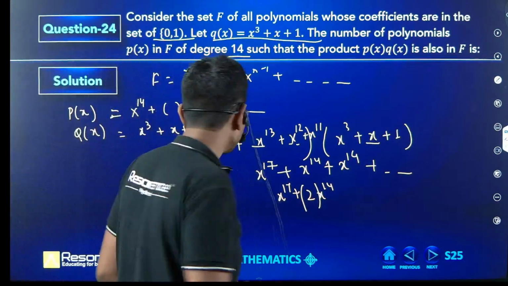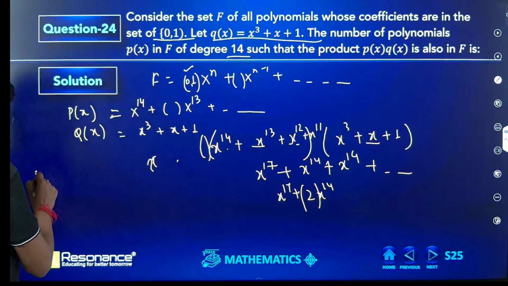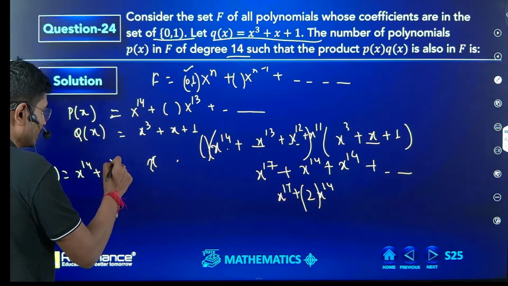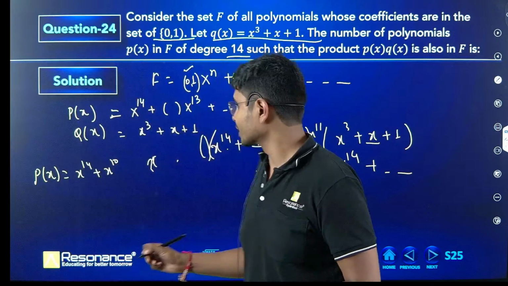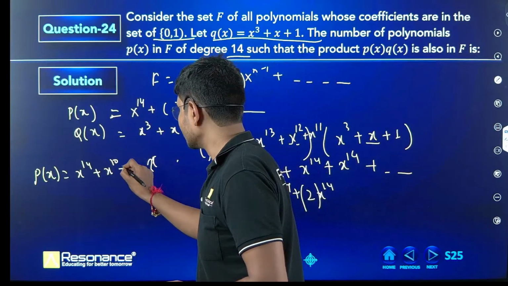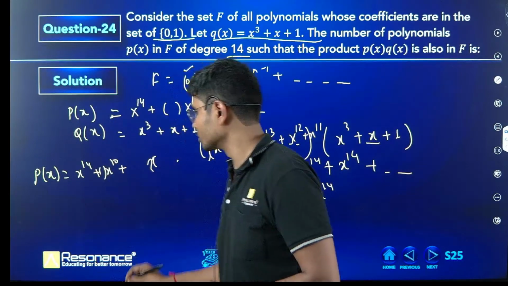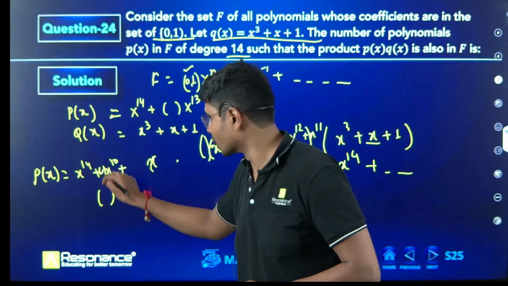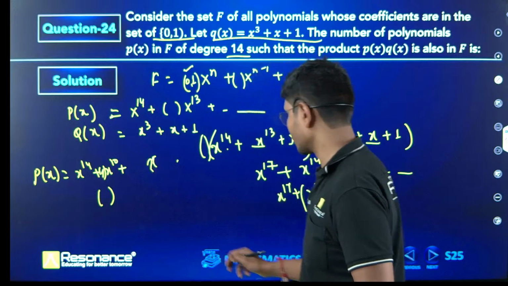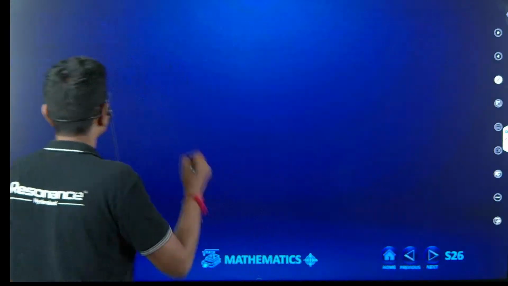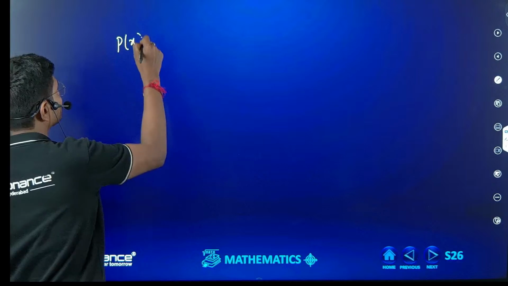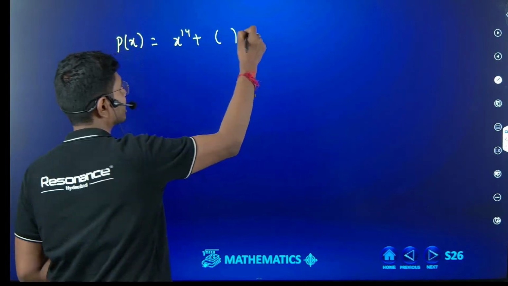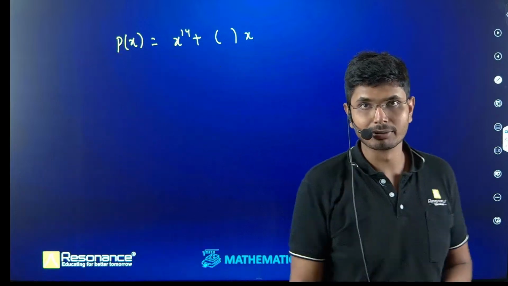So whenever we have to write p(x), the p(x) will be x power 14, and the next term will be x power 10, which is either 0 or 1. So p(x) is equal to x power 14, now this is x power 13, x power 12, x power 11, all three coefficients simultaneously 0.